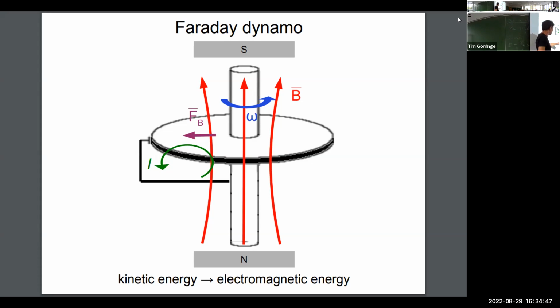If you look here, there's a conducting disk that's rotated, so there's rotational energy being put into the dynamo. That disk is immersed in a magnetic field. Here are some of those magnetic field lines, and that disk forms this circuit here.